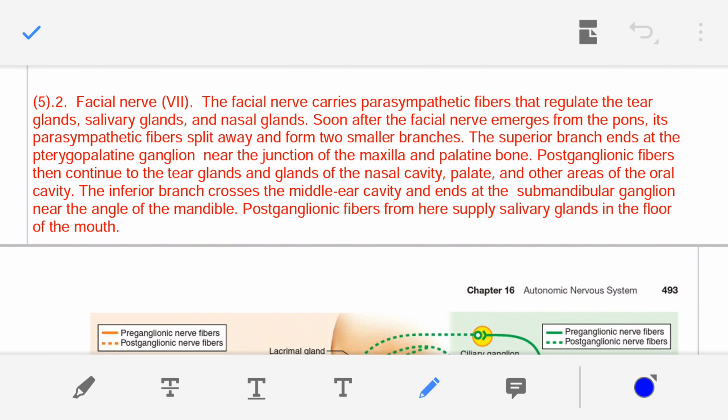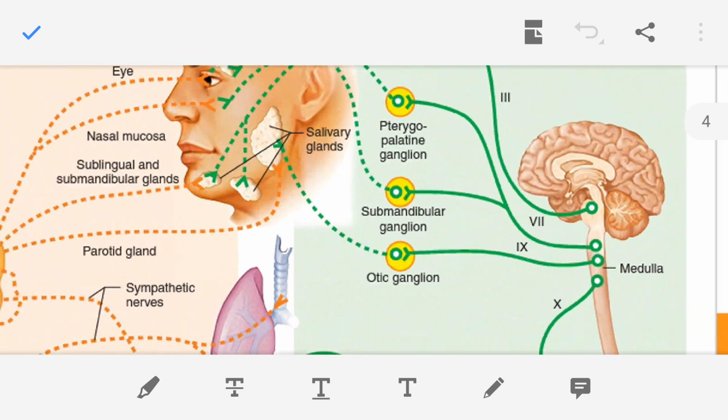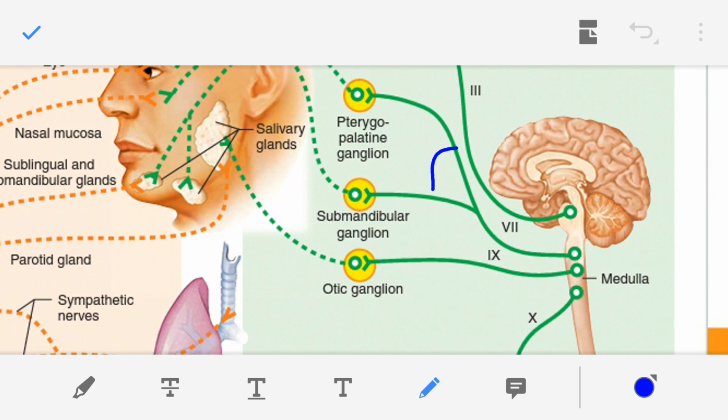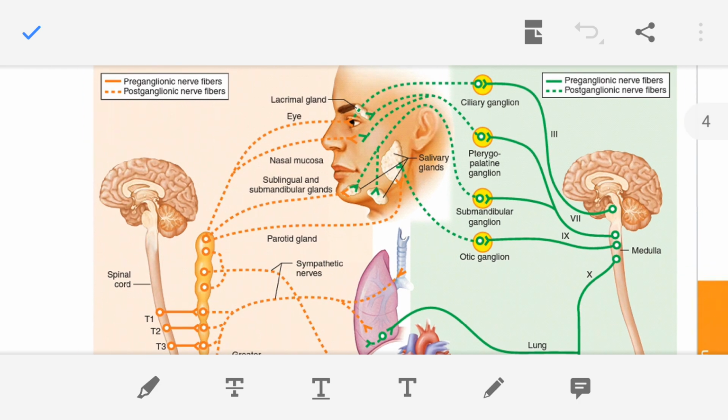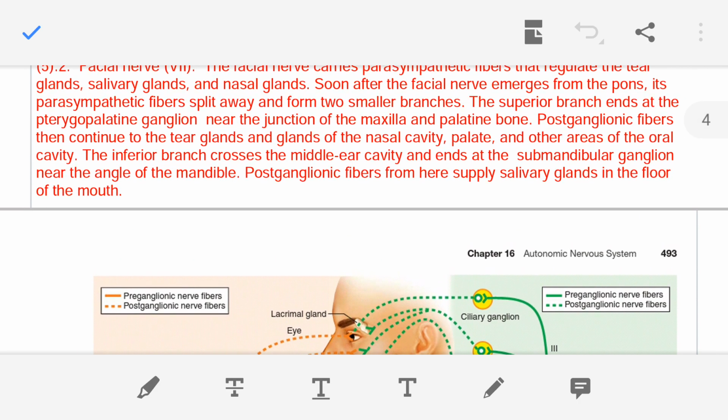The inferior branch crosses the middle ear cavity and ends at the submandibular ganglion. Here in the figure you can see the inferior branch ending at the submandibular ganglion.